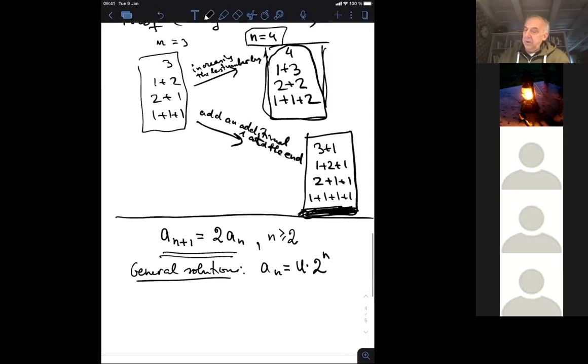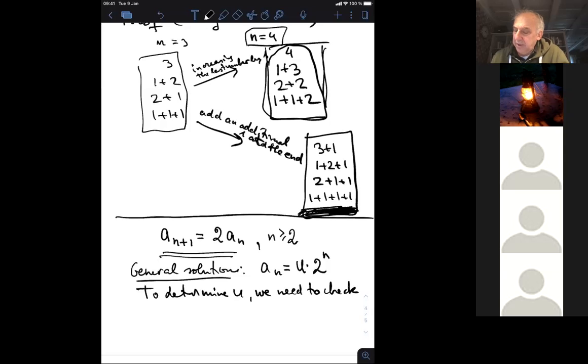Now, we have to determine u. We need to check, say, a_1. How many ways are there to represent number 1? For number 1, there is just one way to do this. What does it mean? That a_1 equals u times 2.